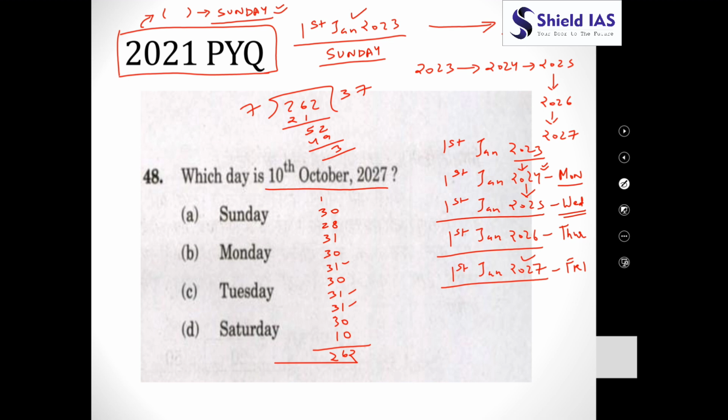So the remainder comes out to be 3. What we have taken as the initial day for our purposes is 1st January 2027. So 1st January 2027 is Friday, plus 3 comes out to be Monday, right? So the answer to question number 48 is Monday.